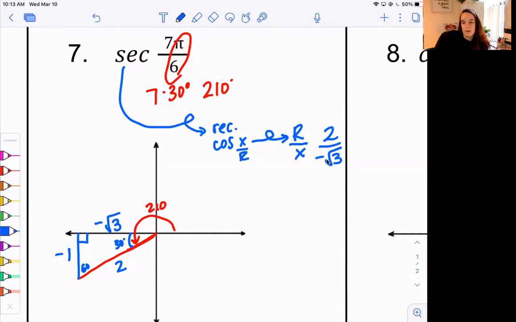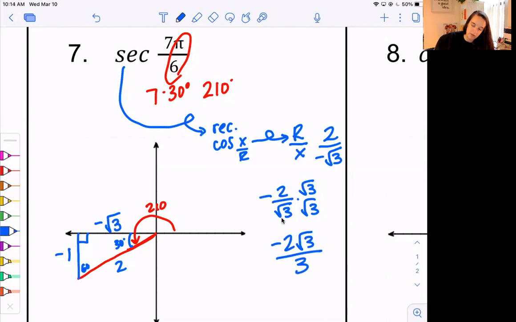We don't want to leave the square root in the bottom. We can push the negative in front, so I have -2 over square root of 3. I'm going to multiply by square root of 3 on top and bottom. So I get -2 square root 3 over 3. That's my answer. So we have a more complicated problem here: secant, cosine, flip it over. We've got our simplification. Cool.